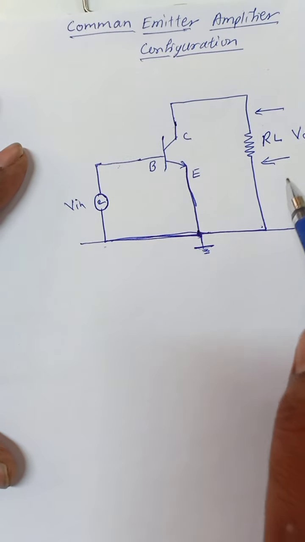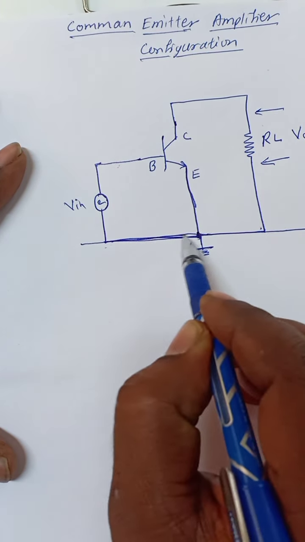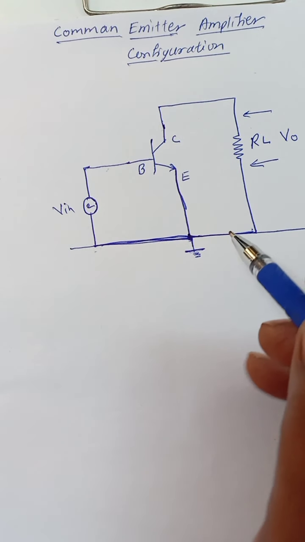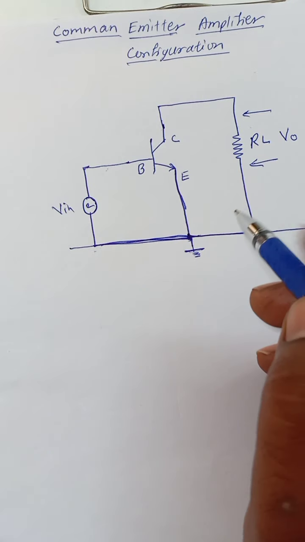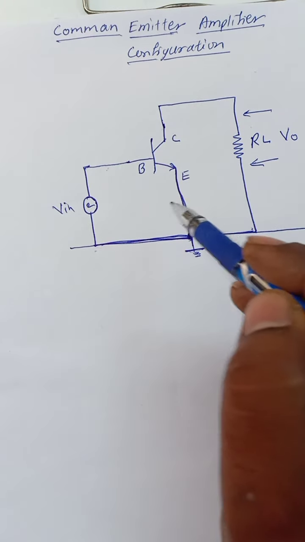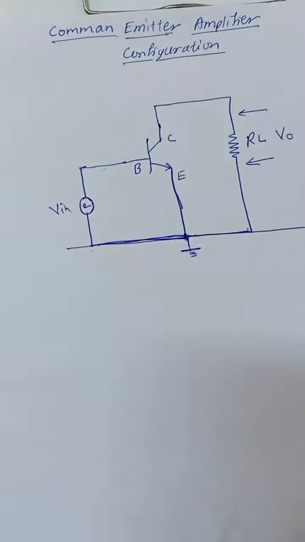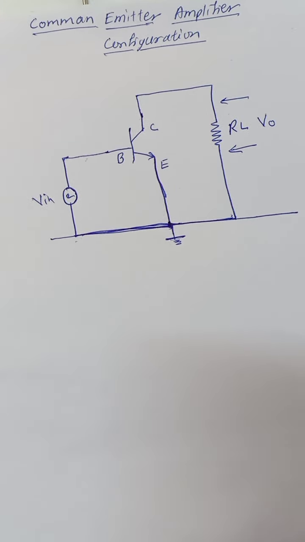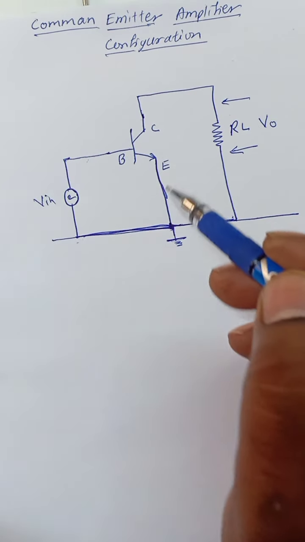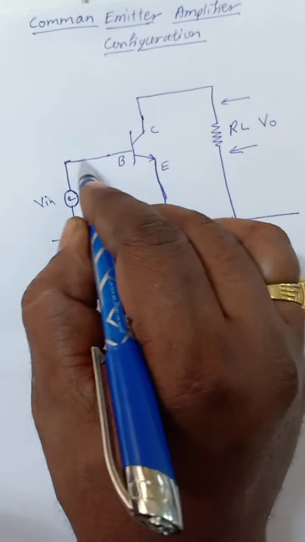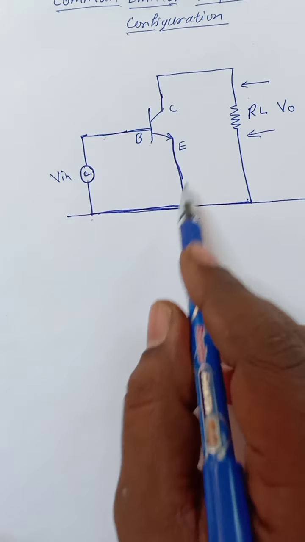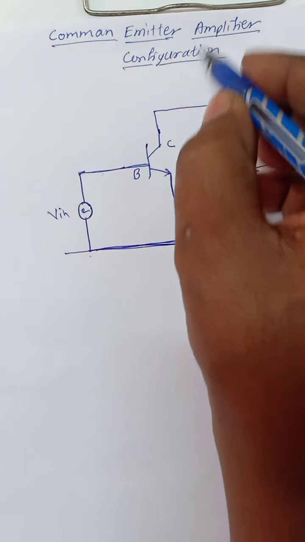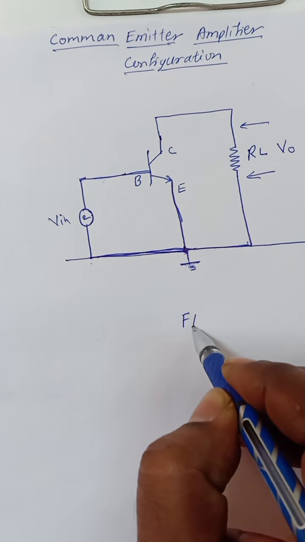This is the main arrangement. Now there is another requirement, the DC voltage requirement. You have to apply this DC voltage in the circuit to bias the transistor, to operate it. When this transistor is used as an amplifier, you have to use the FR condition, which you know very well.